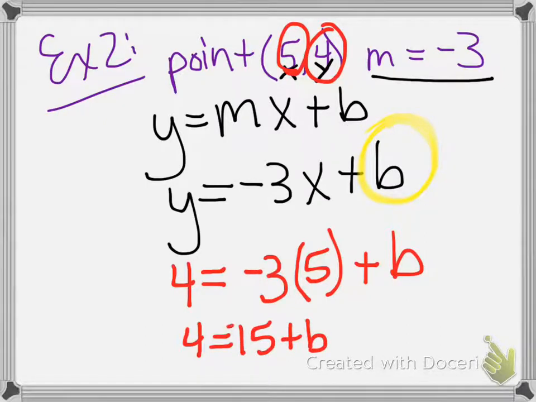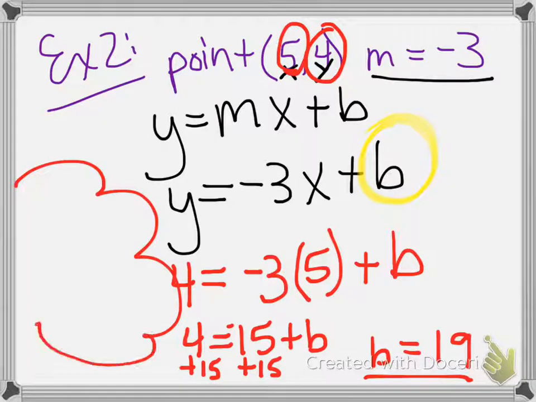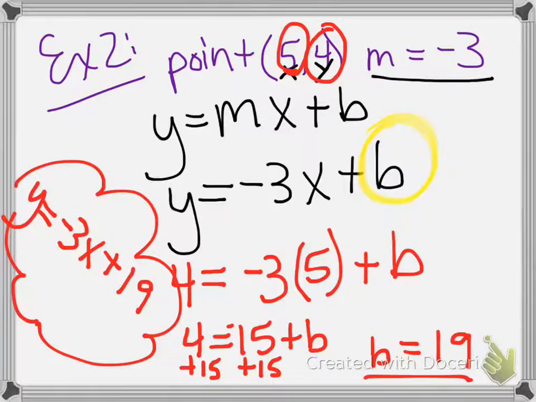If I add 15 to both sides, then my b will be 4 plus 15, which is 19. If I know what b is and I know what m is, then all I have to do is write the equation. So I'm going to do that right over in here, a little bit sideways because I ran out of space. y equals negative 3x plus 19. That's my equation for this line.